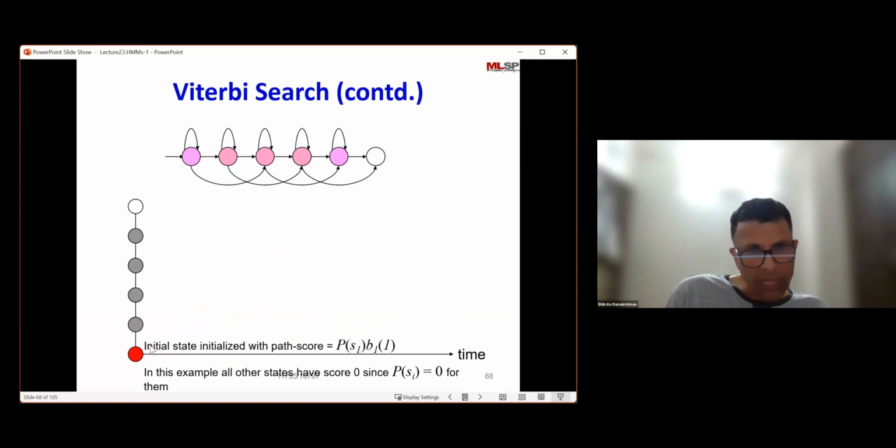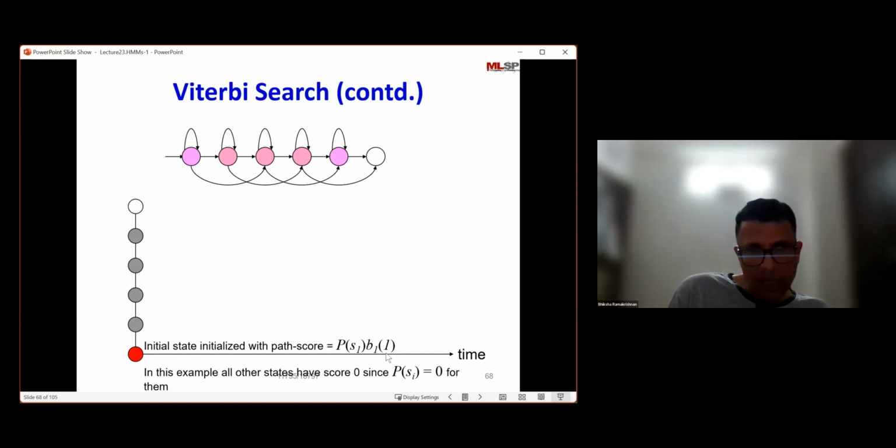I'm only allowed to be in this state at time 1 because it's a strictly left to right Markov chain. So B1 of 1, this is shorthand for me, is the probability of the first observation being generated from state S1.